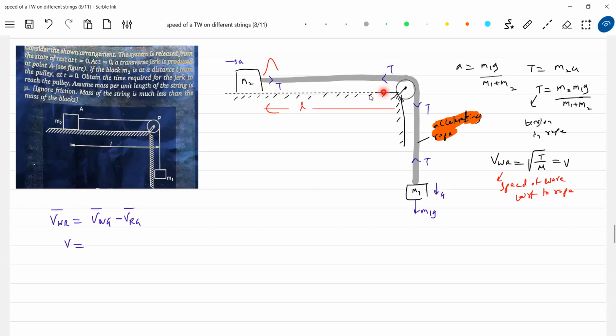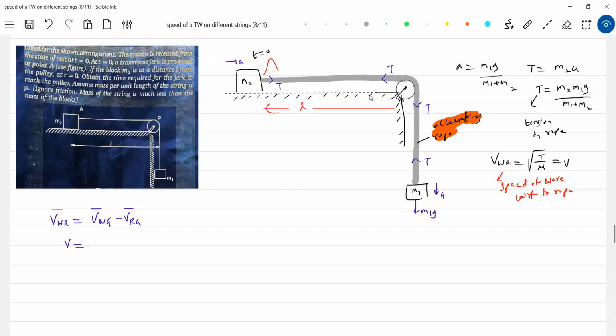L, no? Because at t equals 0, the wave is generated here. After some time t, it will arrive here. By the time the block is somewhere here, the pulse will reach this particular point.